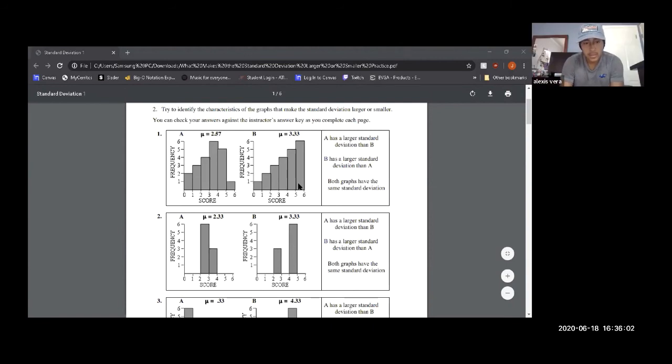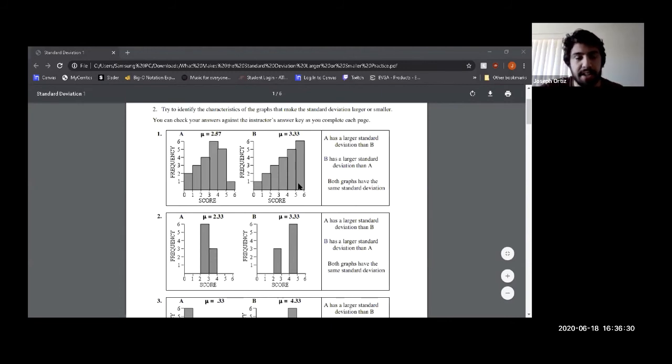Yeah. So with the guessing of it, when it's symmetrical, the mean and median are usually going to be at the same point. But when they're right and left skewed, they're going to change. The only one that's going to change is the mean, not really the median. So this one tells you where the mean is. That kind of gives you a hint of which one is larger and which one is smaller.